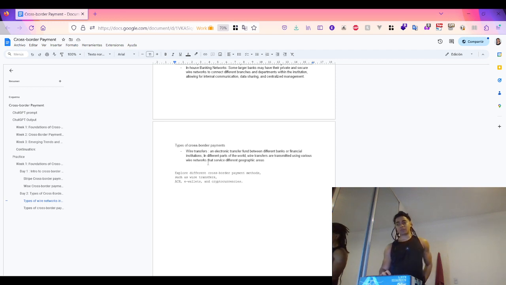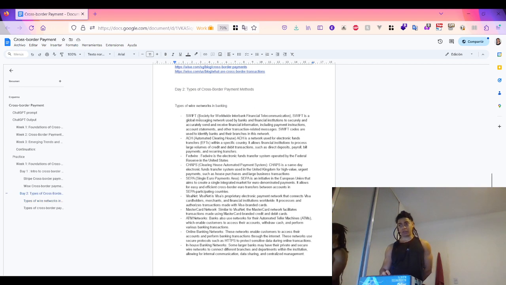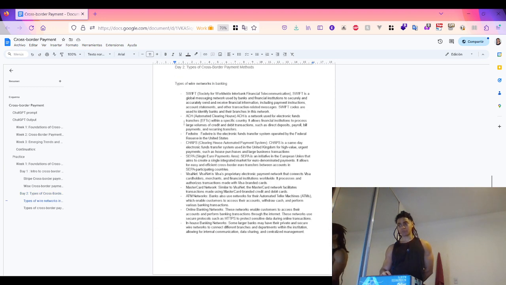In different parts of the world, wire transfers are transmitted using different wire networks. And when I asked myself what wire networks are in the banking context, the types include SWIFT, ACH, FedWire, CHAPS, SEPA, VisaNet, MasterCard, ATM networks, and online banking networks.